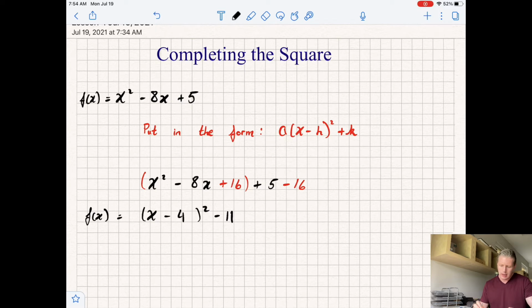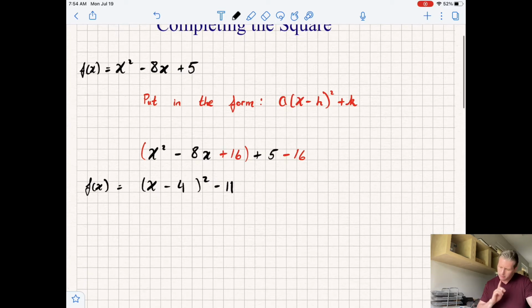My h, well, what is my h? Well, I notice that the form that I want has x minus h all squared, and I have an x minus 4. So because my completed square form has that negative already, my h is simply 4. x minus h all squared plus k.